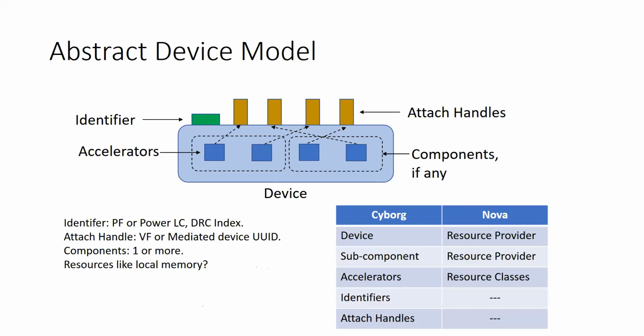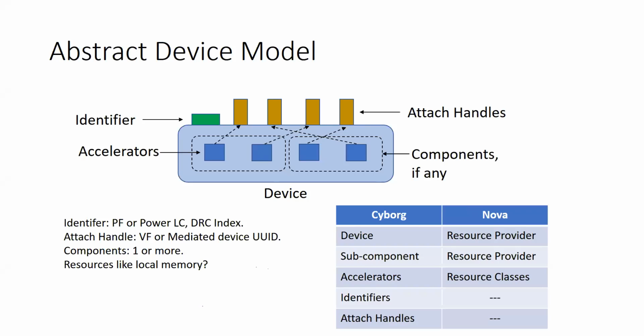In the case of Power VM, they don't use the PCI BDF. They got its location code and other things. So the first thing we need to do is have a notion of a device identifier, which is a means by which you identify a device, a unique thing by itself, right? And that could be a PF or a location code or whatever.